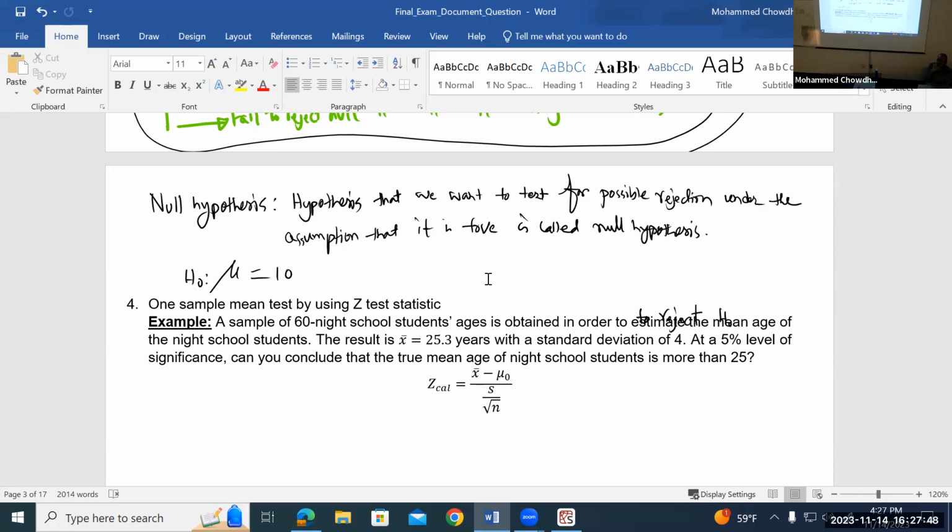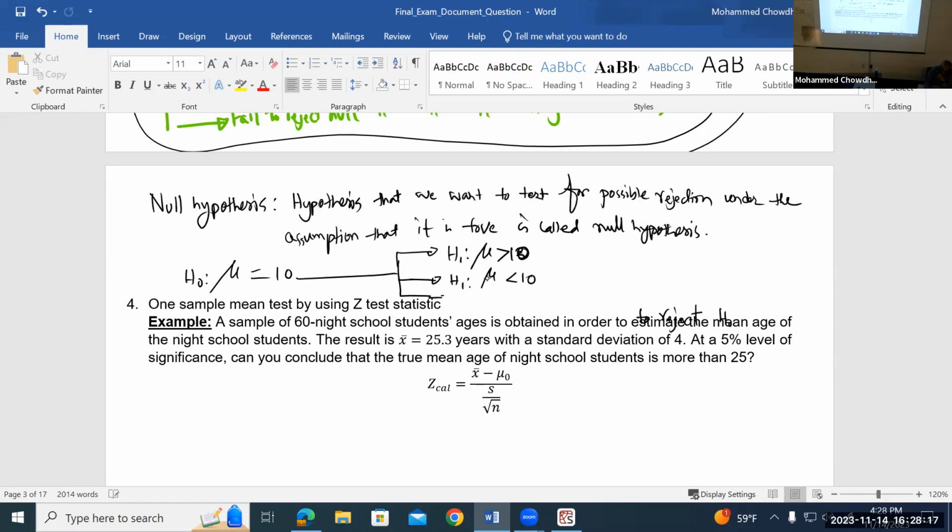Any hypothesis other than the null hypothesis is called the alternative hypothesis. There are three ways the alternative hypothesis could be written. H1 is the notation of the alternative hypothesis. Number one, students spend more than $10. Number two, students spend less than $10.